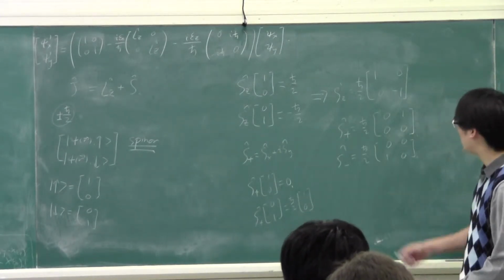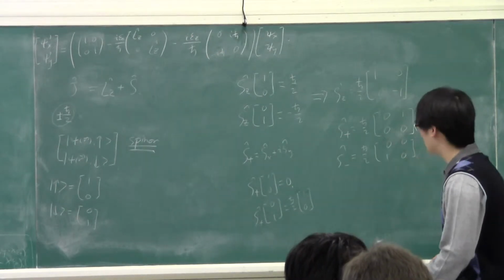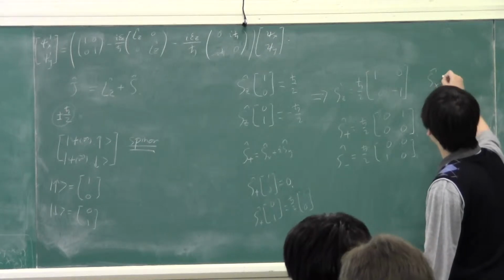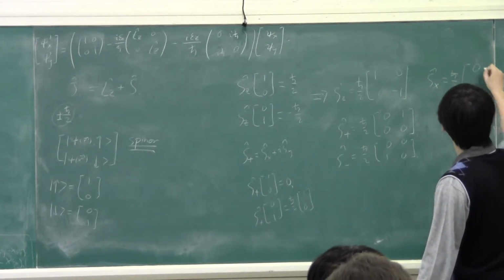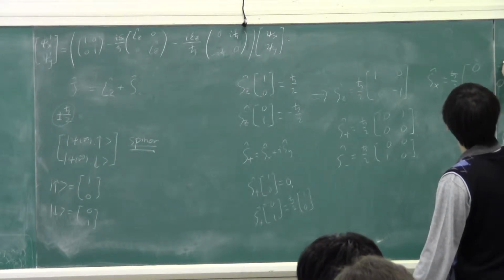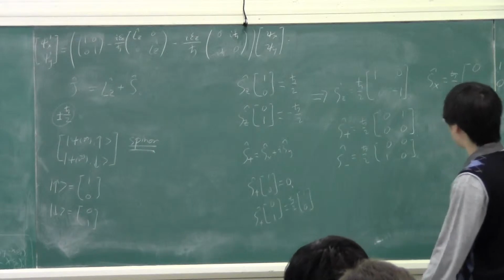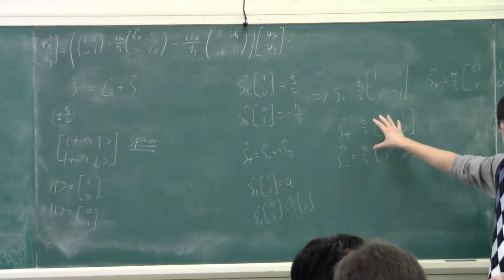Okay. So from these two, we can construct the Sx and Sy. So we get that the x direction spin is given by 0, 0, 1, 1. Right? Because it's just a sum of these two.